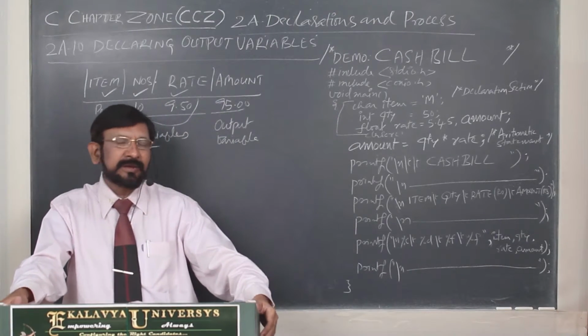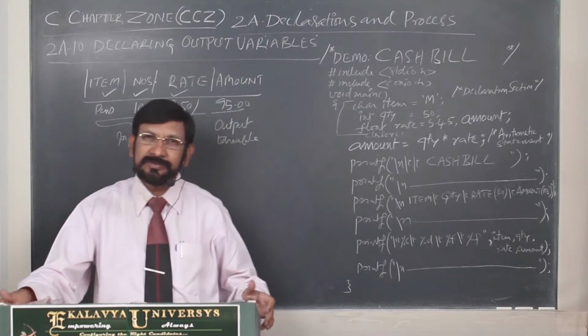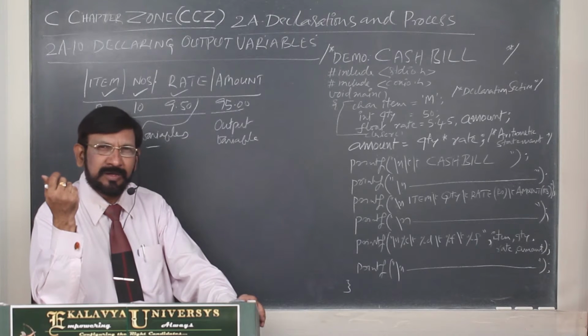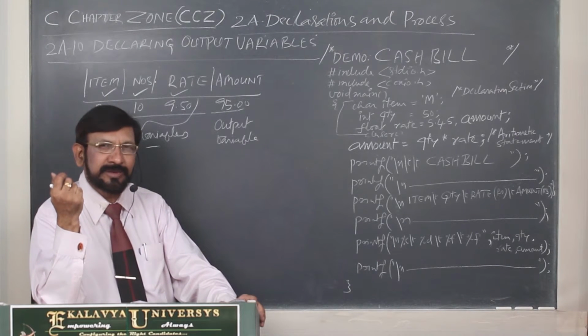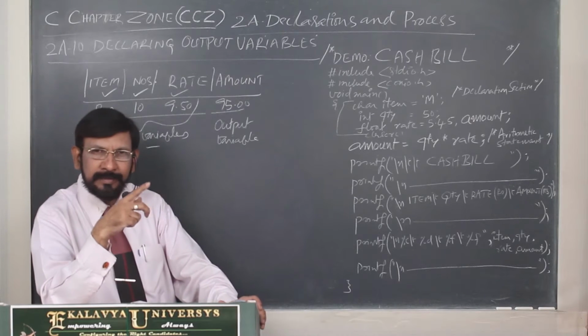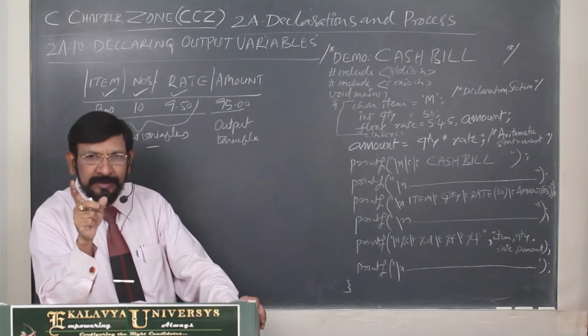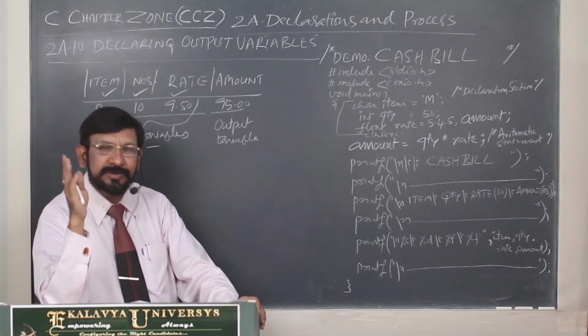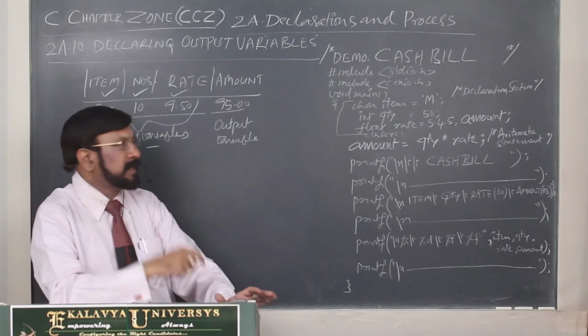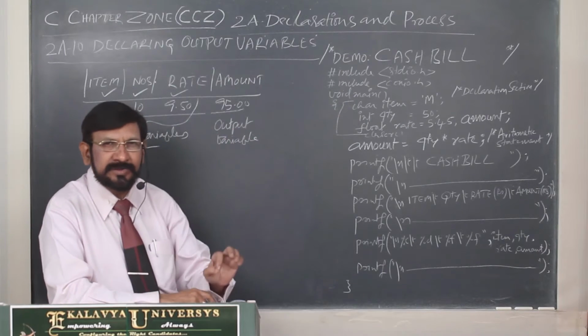This is a stringent condition in C language. But in advanced languages like C++, Java and all that, this condition is not there. Variables can be declared anywhere throughout the program, but before they are used, they should be declared. First you declare, thereafter use. But in C, it is a very stringent condition.